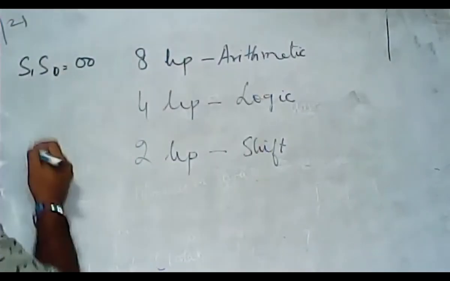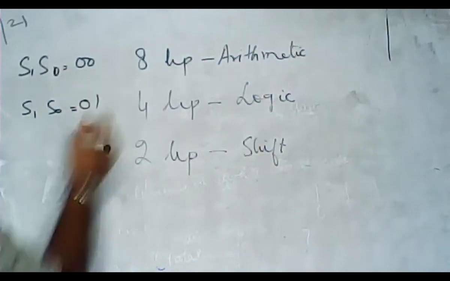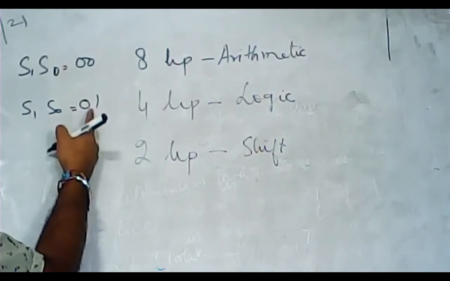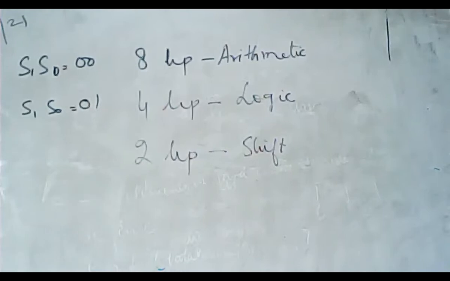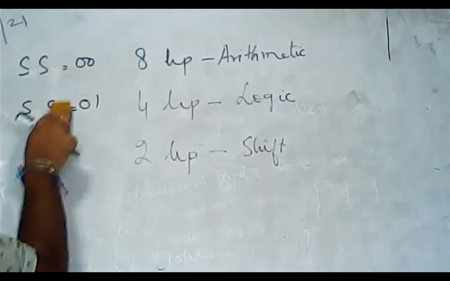So for logic micro operations, S1 and S0 is equal to 0 1. That is, you have 4 combinations of this, which is equivalent to 0 1. Right? Just wait. So this is S3 and S2 instead of this.